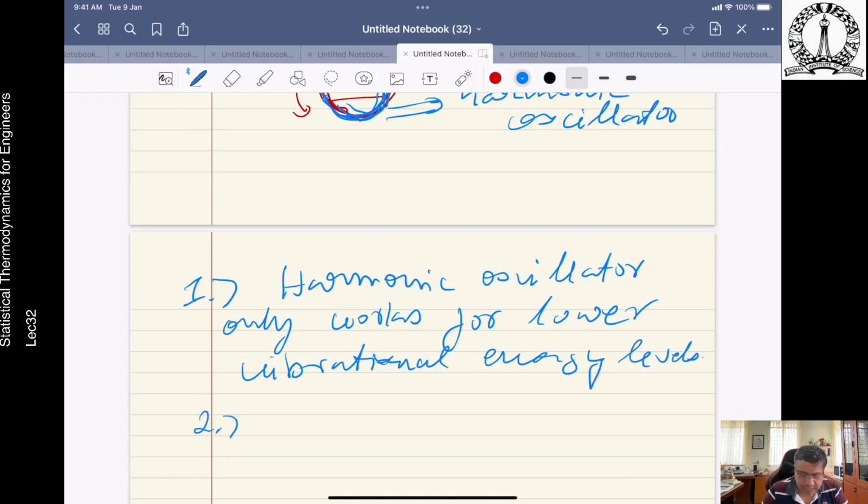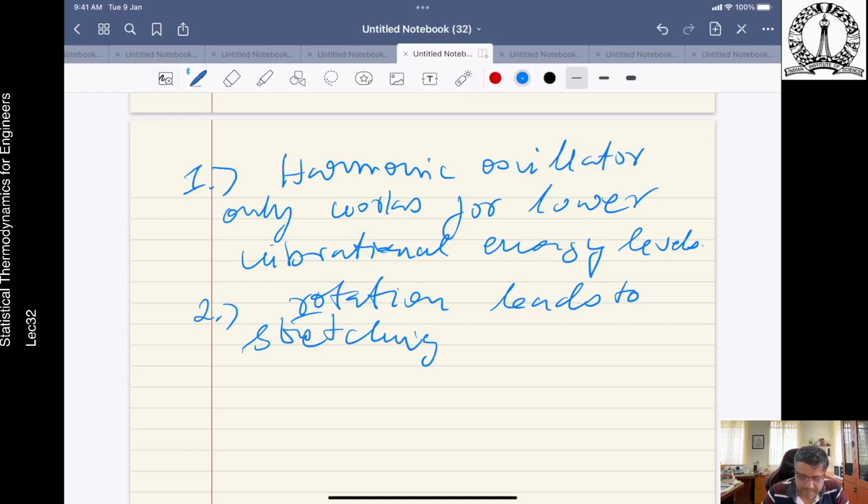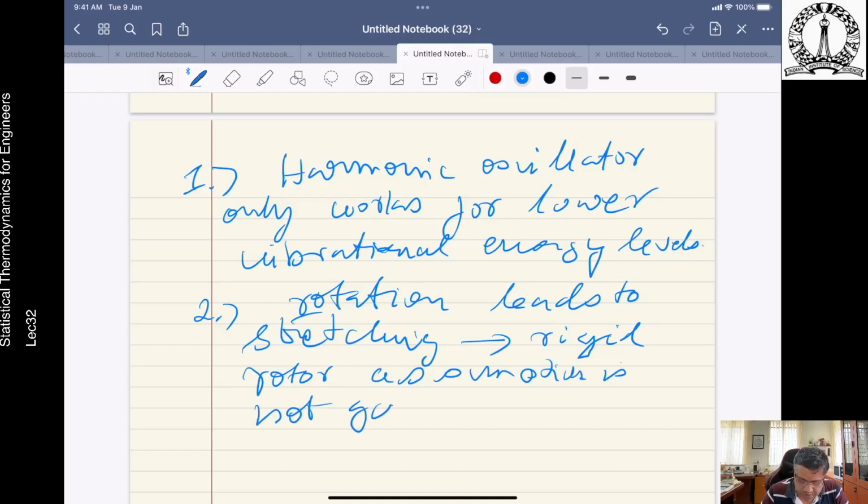Second, rotation leads to stretching, so the rigid rotor assumption is not good.